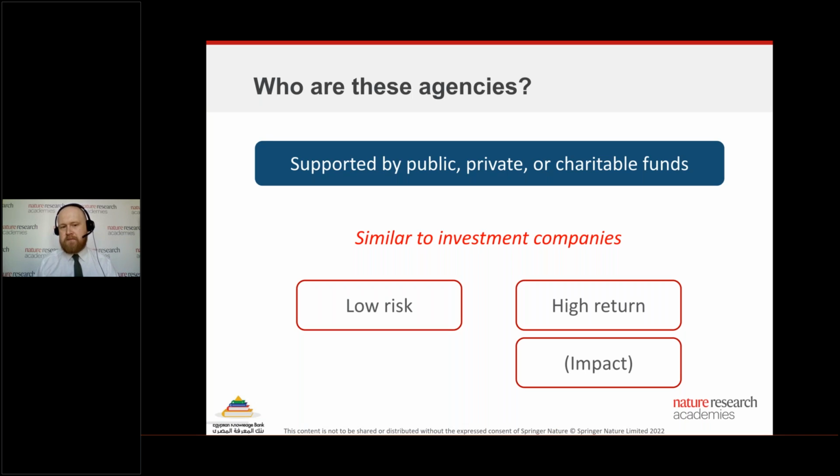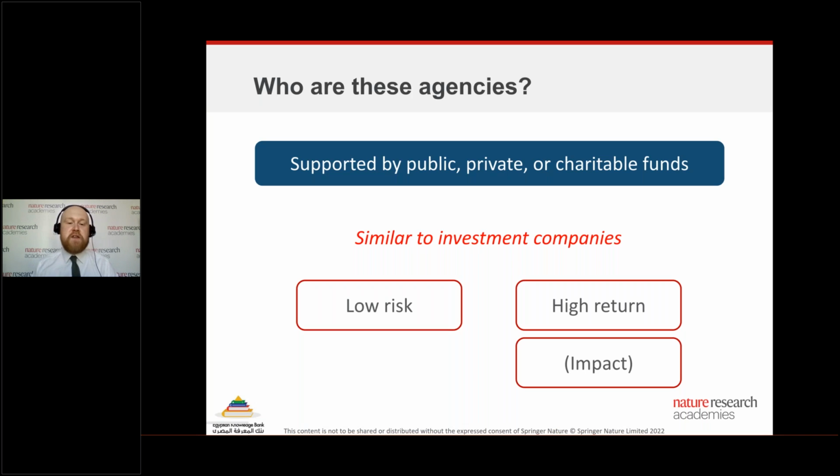So yes, investment companies and funding agencies both want low risk proposals, but they also actually want a high return. They want to benefit from the success of the company or the success of the research project if we're talking about funding agencies.